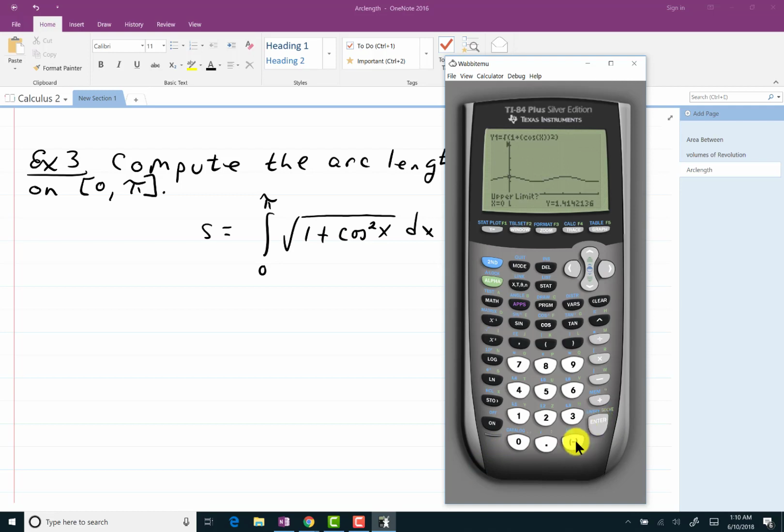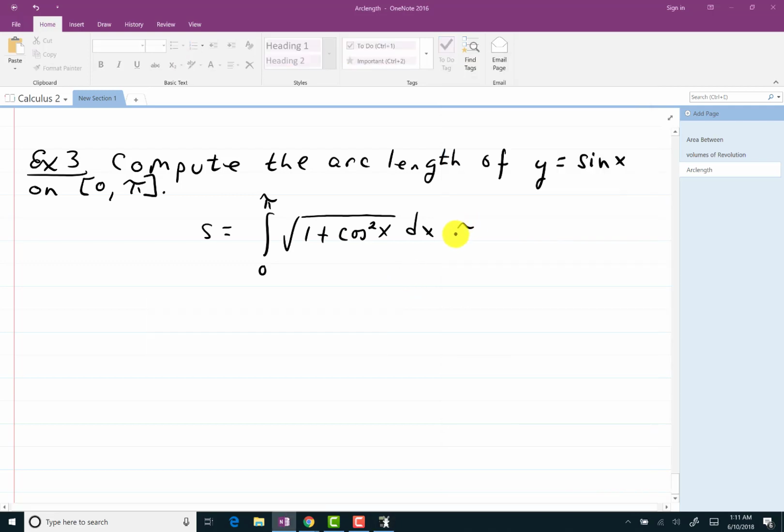Where is pi on this calculator? It is above the arrow key, so you go second arrow, enter, and what it'll do is it'll fill in and show you the region that it's shaded in, and it says here about 3.820 to 3 decimal places. Then this is approximately 3.820.